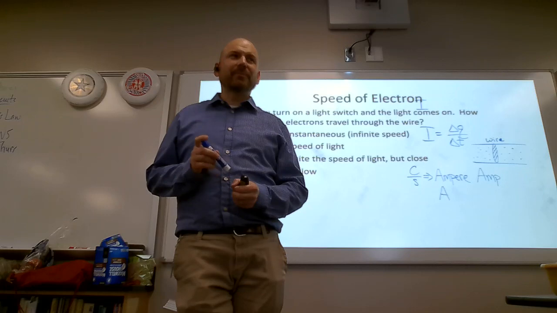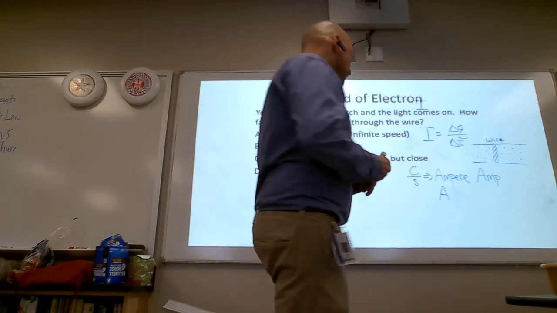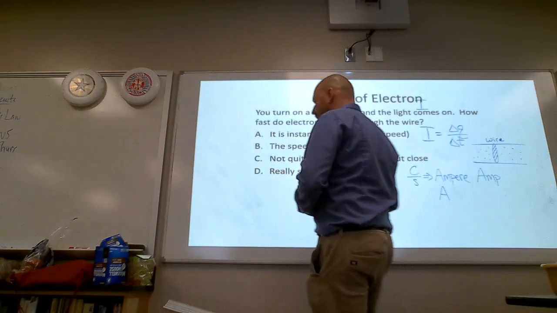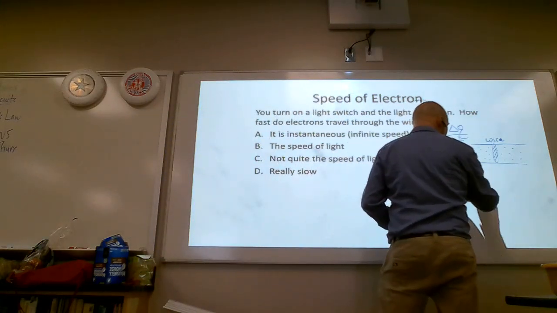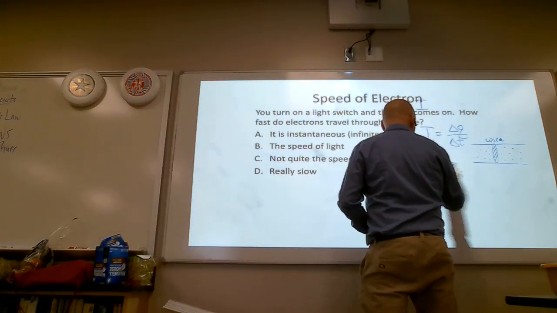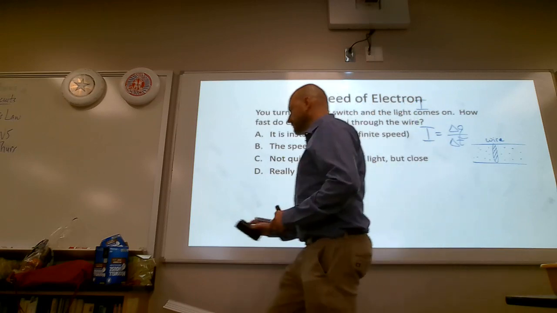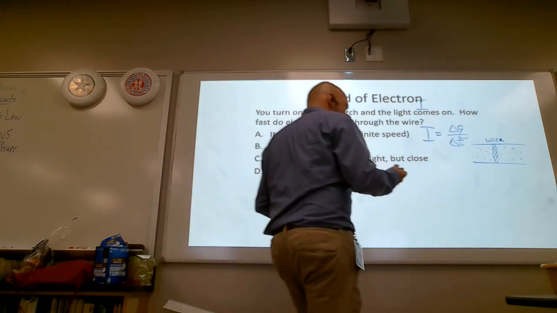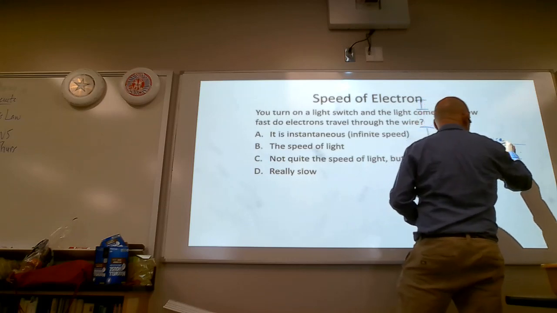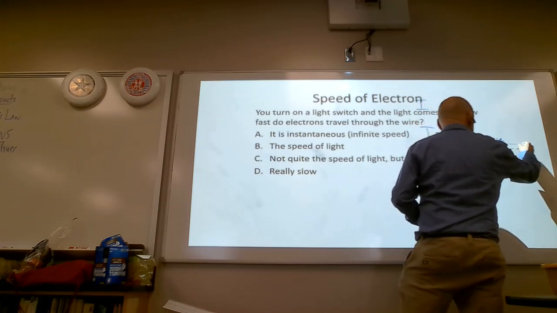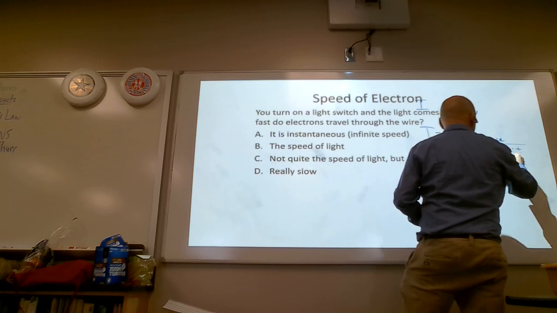Good with that? Okay. So how fast do electrons actually travel? The life of an electron in a wire is pretty rough. In the wire, you've got this crystal lattice of the metal. It's a bunch of protons.